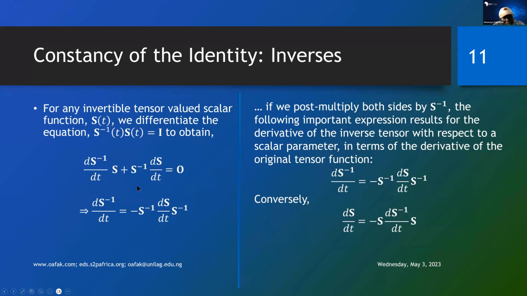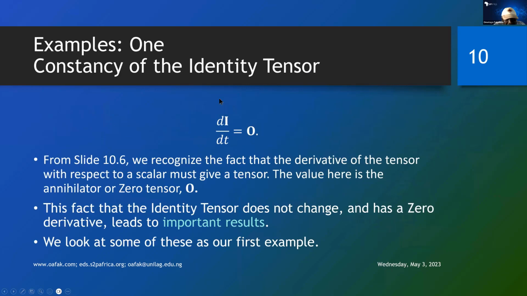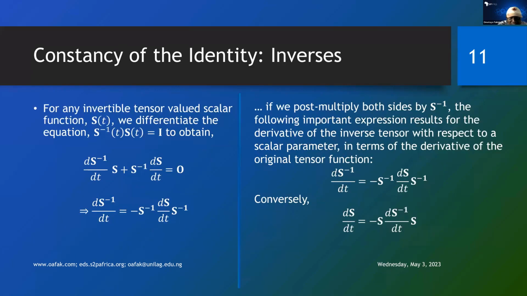If instead, you transfer the first term to the other side and pre-multiply by the tensor S, you get the second result. These two results come from the fact that the derivative of the identity tensor with respect to a scalar parameter is 0, because the identity tensor is a constant tensor. Let us go on, constancy of the identity.